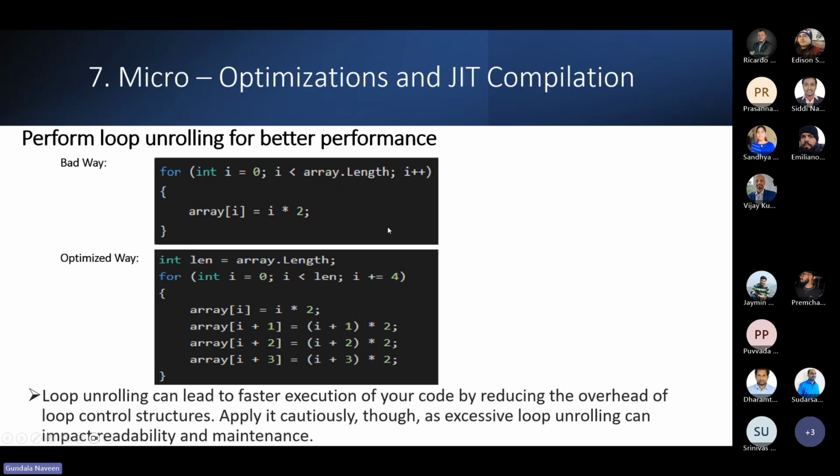So which is drastically reducing my execution time. We have done a little thing to achieve this. We just try to increase the I value 4 times and match it with the length. And inside this array, we are trying to execute array of I into 2, and you can just follow the lines here.